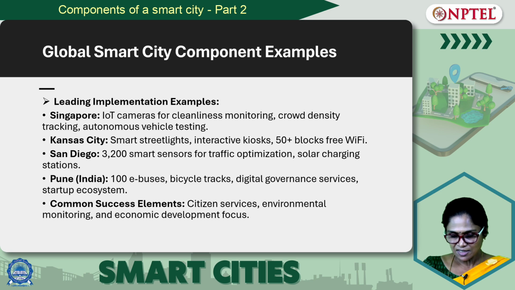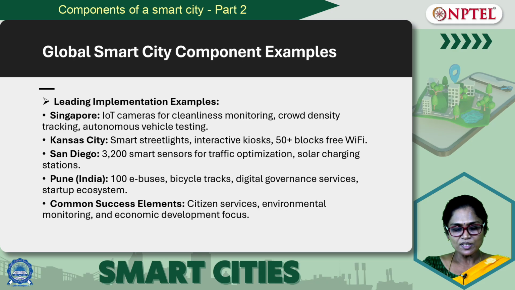Then Kansas City, which implemented smart street lights that adjust brightness based on ambient parameters or activity, and it also deployed interactive systems which provide civic information. It established 50 plus blocks of free Wi-Fi.